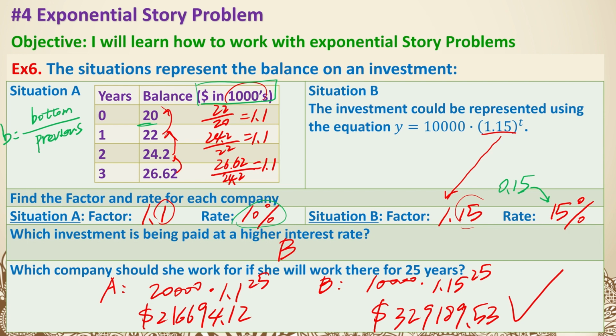And the second one, 10,000 times 1.15 to the 25th power, it's $329,189.53. In 25 years, even though this one starts with a lower amount, it has a higher rate, and it does catch up. So in that case, we're going to choose company B.